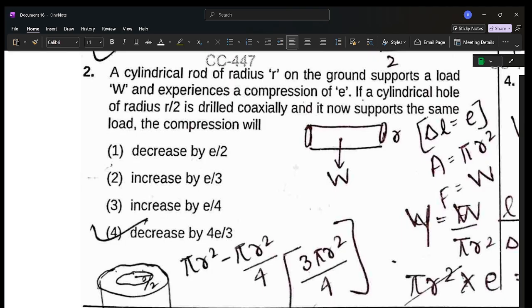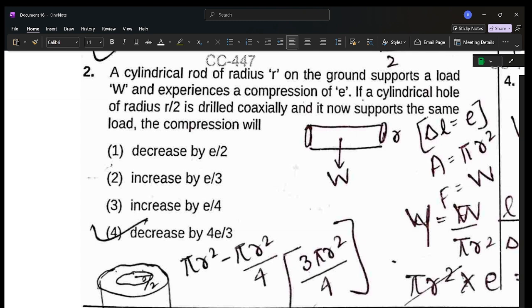Oh, sheesh. We were so close to it, and then we kind of deviated back and put the wrong answer. That is what happens. Okay, never mind. So yes, initially the compression is e, and finally the compression is 4 by 3e.